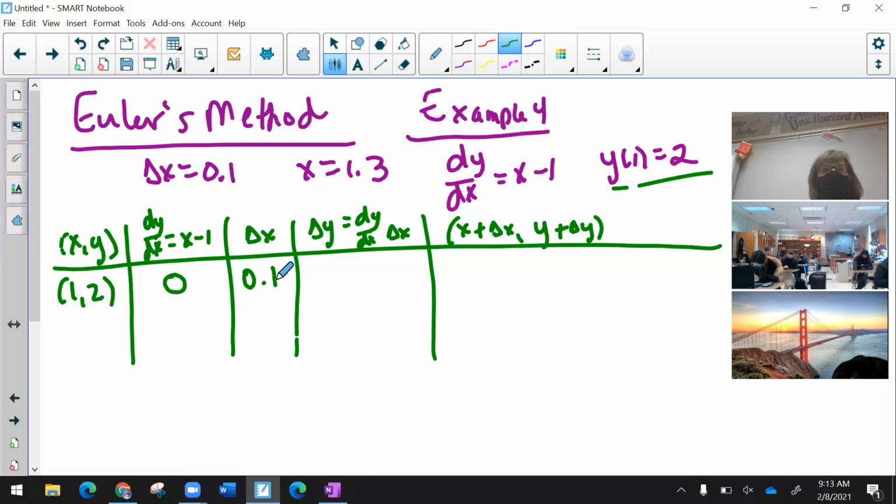Okay. And then what's delta y going to be equal to? It's going to be dy/dx, which is 0, times delta x. That's going to give me 0. And my new point is going to be x plus delta x, 1.1, and y plus delta y, 2 plus 0.